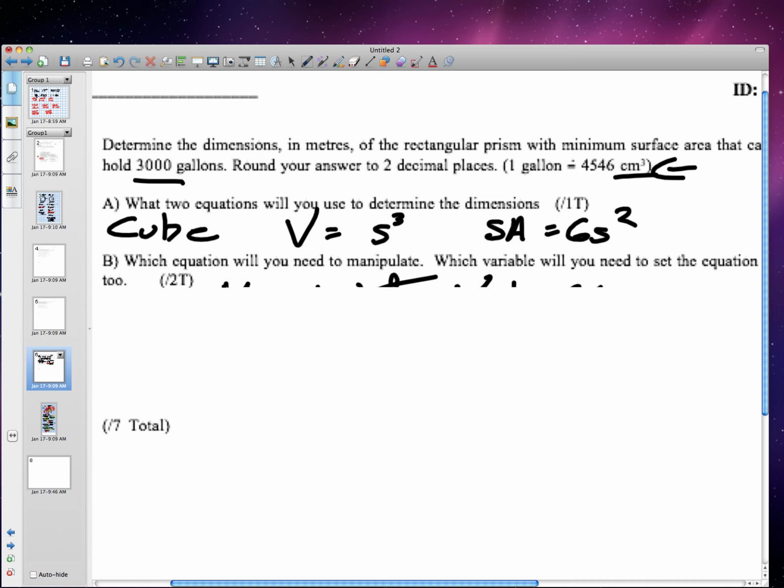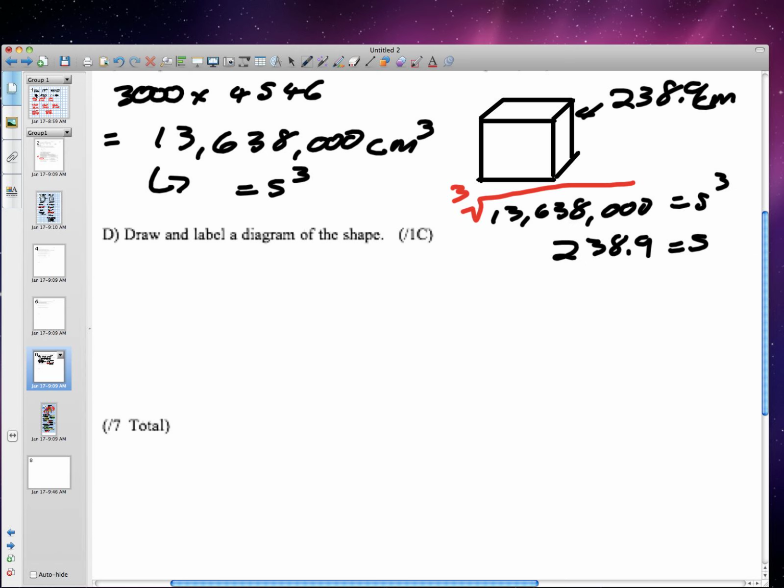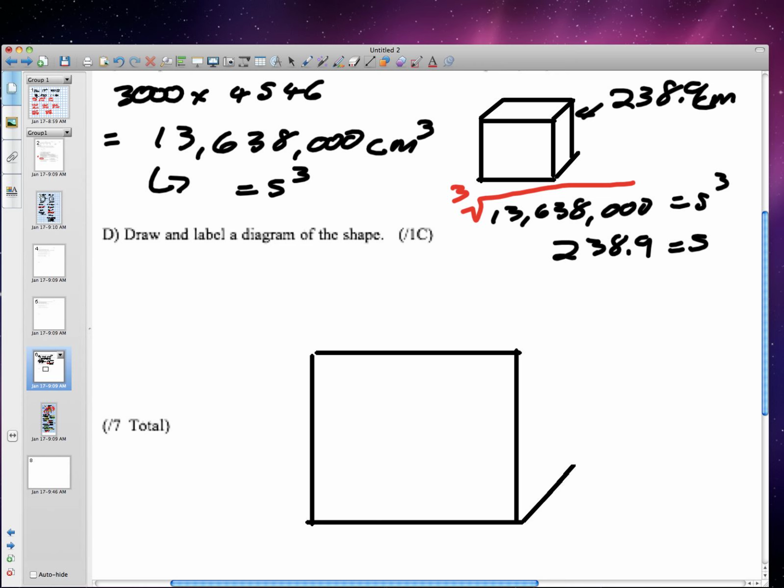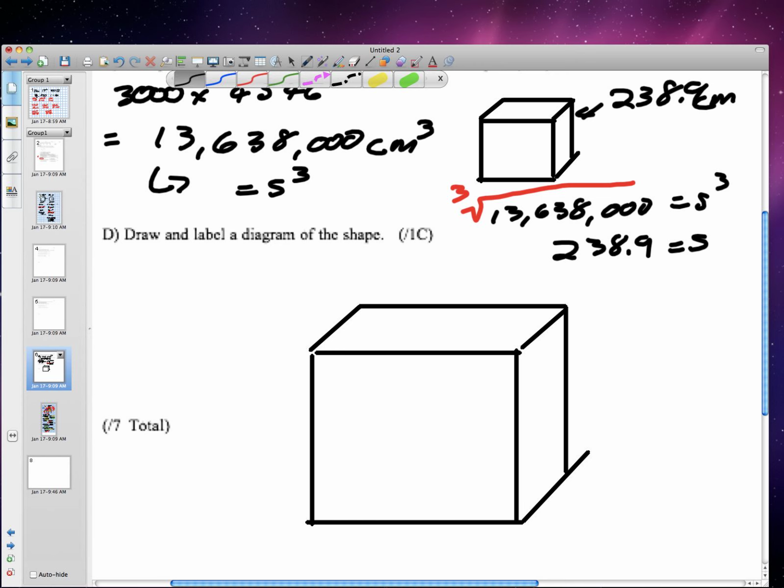What will this measurement be in meters? 238.9 centimeters. Anyone know what that is in meters? 2.389 meters. Good. That's the measurement of each side.